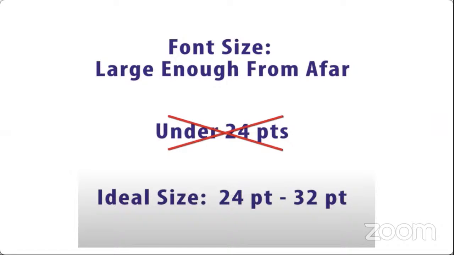That is the aim. Anything smaller than 24 is not going to be very legible, and some texts like references and funding acknowledgements, special cases, can be a little bit smaller than 24 to save some space in the poster.